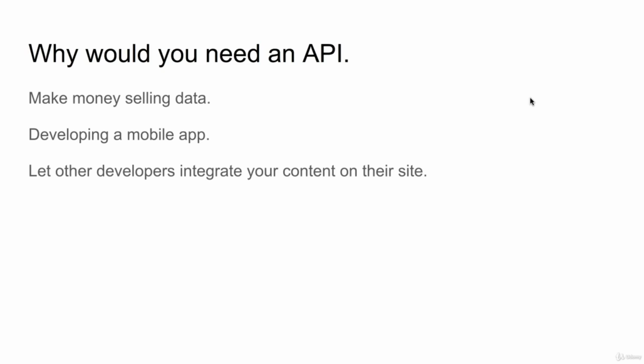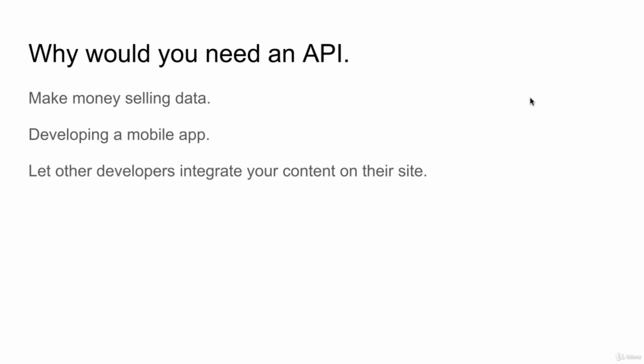The common example of this is a payment gateway. Let's say you're building an e-commerce website, you don't have to write the payment gateway from scratch. Instead, you can use the PayPal API or the Stripe API, and using that API, you can integrate a payment gateway into your site.